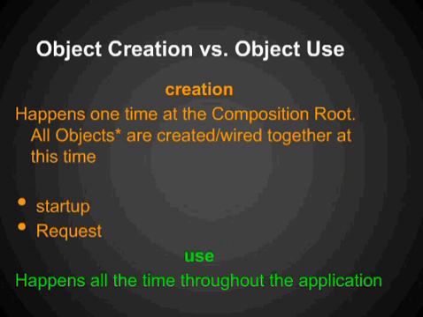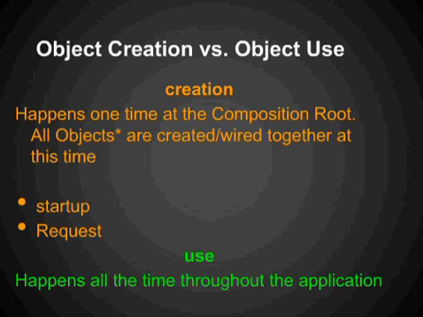And typically the composition root happens at application startup. For web applications, there's another composition root, which is during the request cycle. For instance, you don't know who the user is until the request comes in, and you look at the session key, and then you can create the user object that request is going to use.